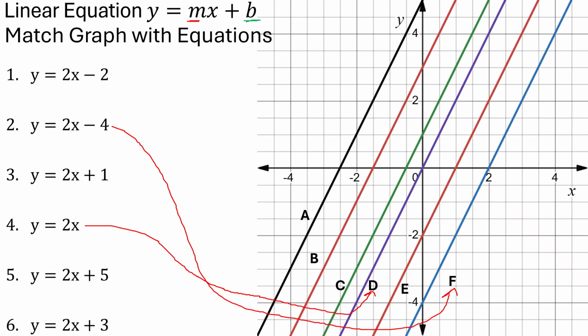Line E has a y-intercept of -2, so that's related to equation 1. Line C has a positive y-intercept somewhere between 0 and 2, and if we count 1/2 and then 1, it'll be +1, so that will be associated with equation 3.